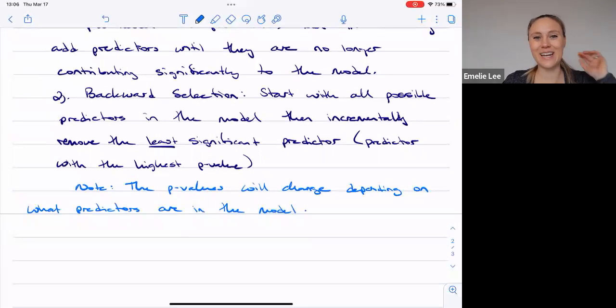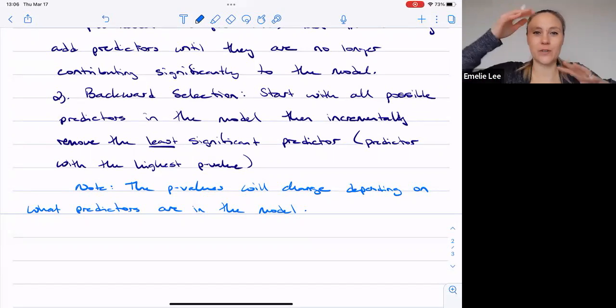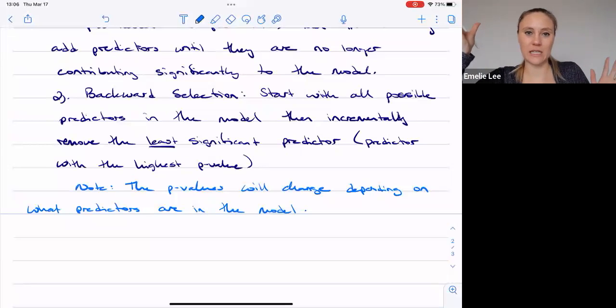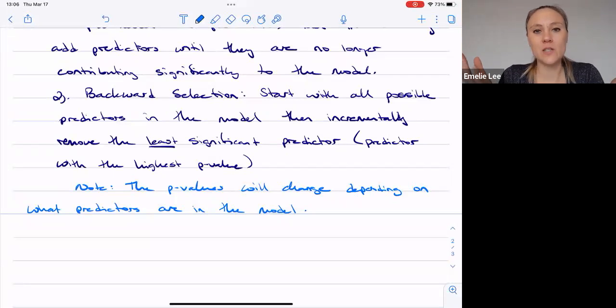I kind of think of it as a group of people that are carrying something heavy, right? Your model is trying to figure out what's going on in your data, so it's kind of trying to carry something heavy. If you have someone that's really strong in your group, then of course they carry most of the weight, because everyone's kind of like, oh, you've got it.